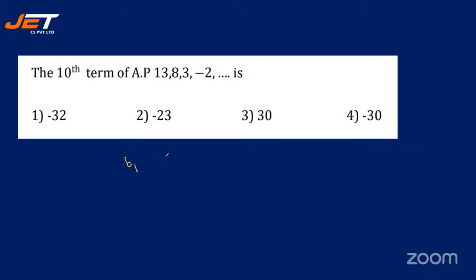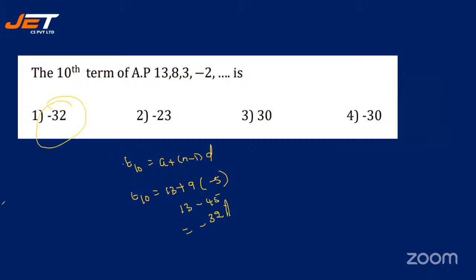T10 is A plus n minus 1 into D. So 13 plus 9 into 8 minus 13... so 13 minus 5, 9 5s are 45, which is 3. So again, it should be option 1.